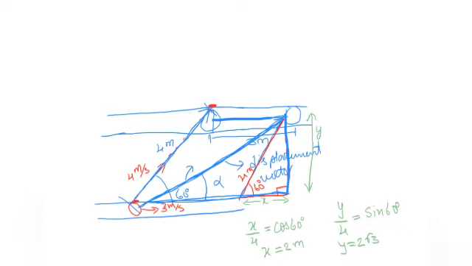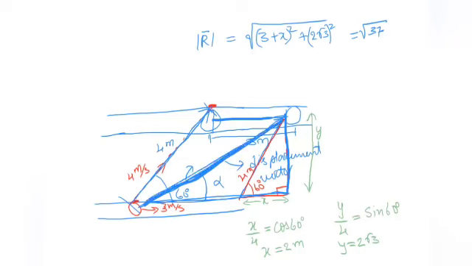So that would be root of (3 plus x) whole square plus (2 root 3) whole square, or y square. So that would give you what? Let us see. That would be equal to root 37. So this is the magnitude, the length of this.